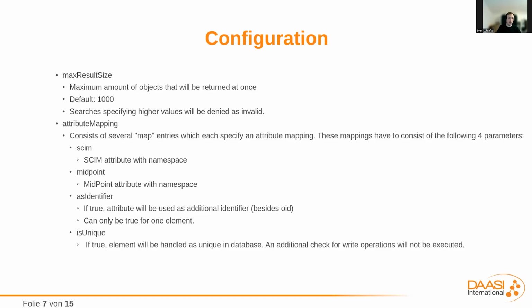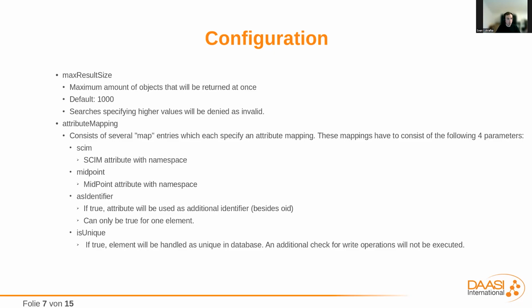So normally you do not need to adjust that, because 1,000 is already quite a lot. If you specify a number which is higher than the max result size in your request, then the server will deny your request. It will just call it invalid and will not give you any response to that.